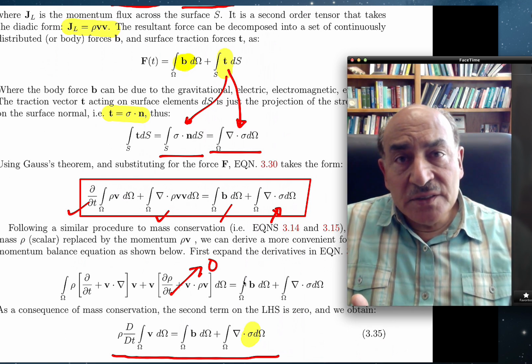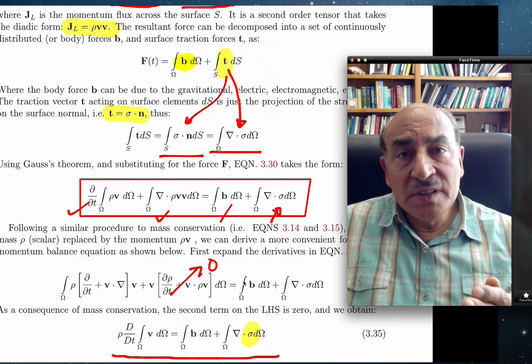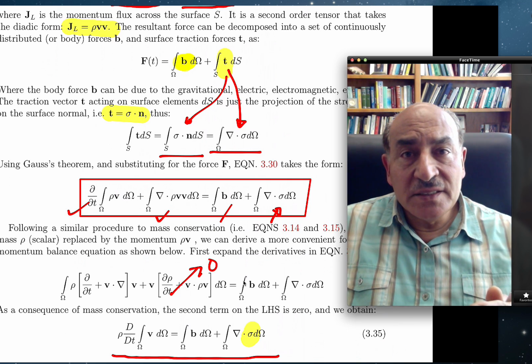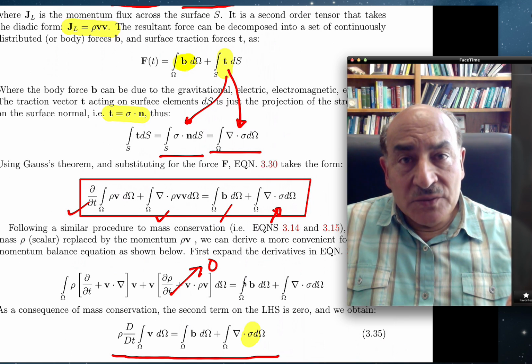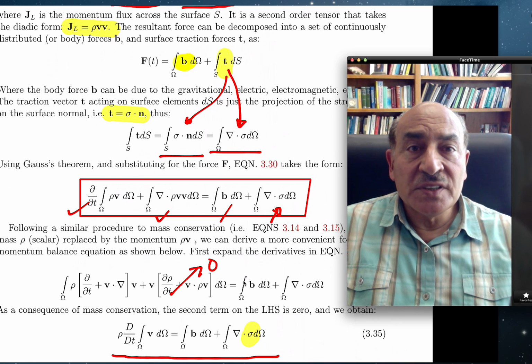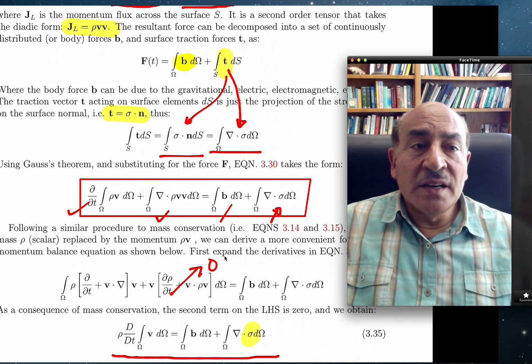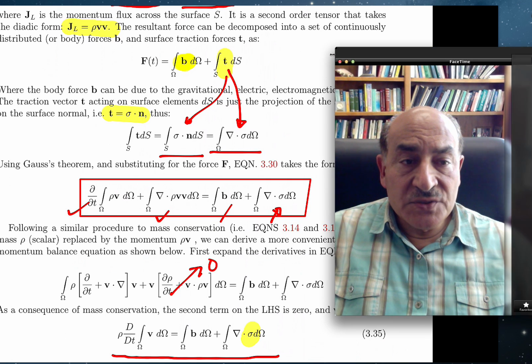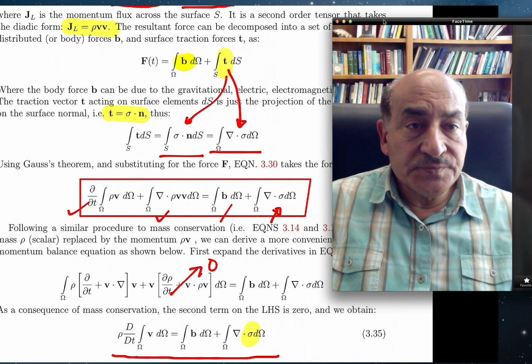In a fluid, we have a similar relationship, called the constitutive equation, in which the velocity is linearly related to the stress. And with that, we can close the loop and substitute for sigma and get an expression that actually allows us to compute the velocity field everywhere. And that's what we will do next.